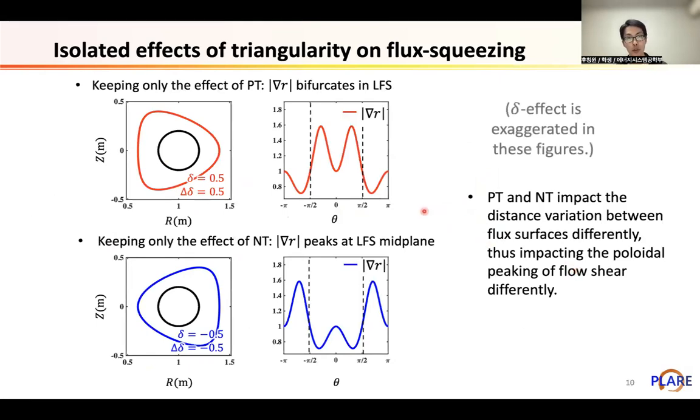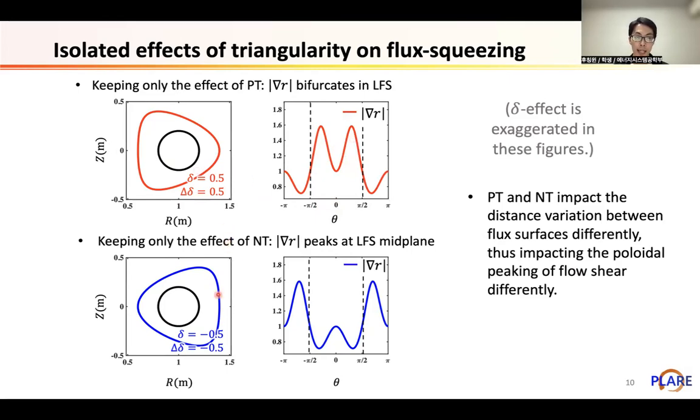For mathematical demonstration, I just retained the effect of triangularity and its increment. So in this figure, we can tell clearly that delta R bifurcates in the low field side. This is a positive triangularity case.